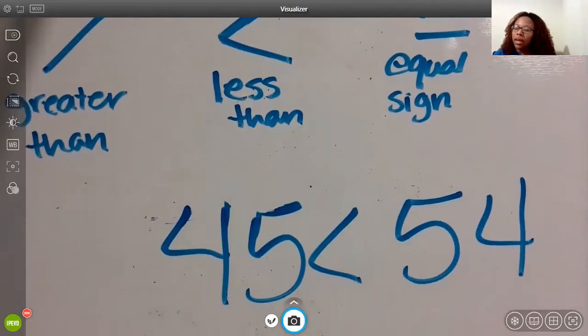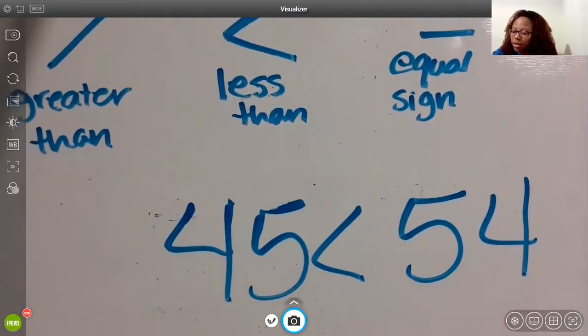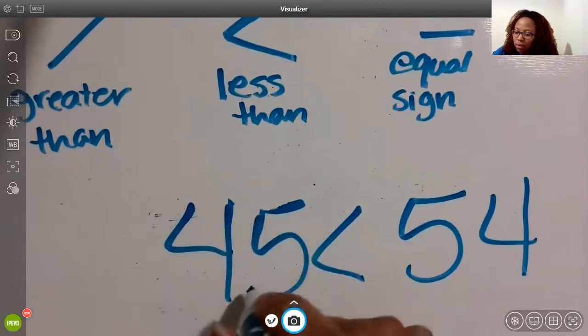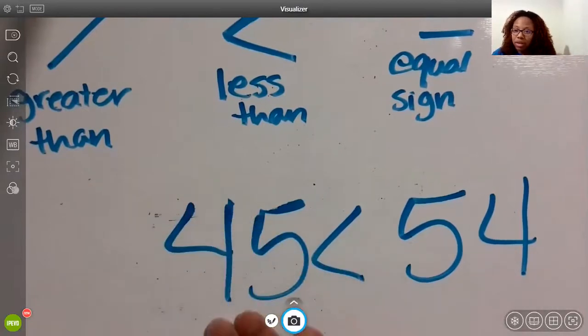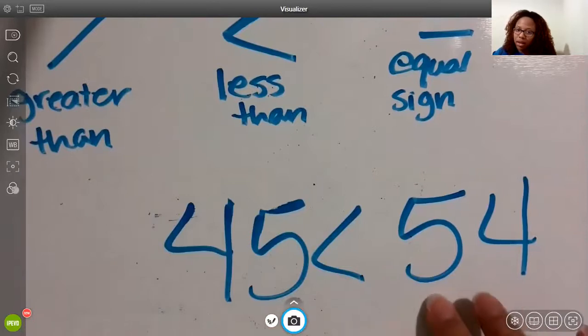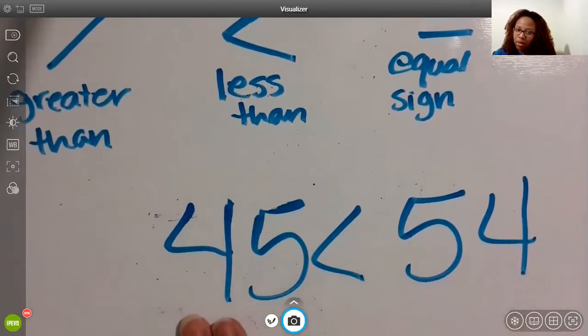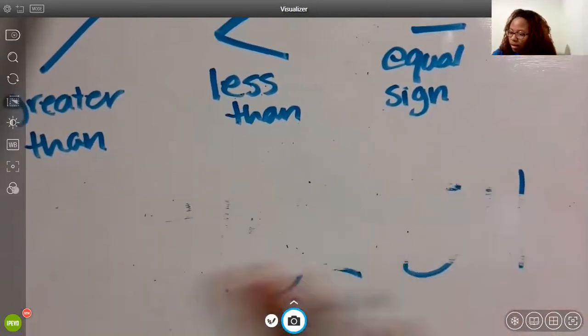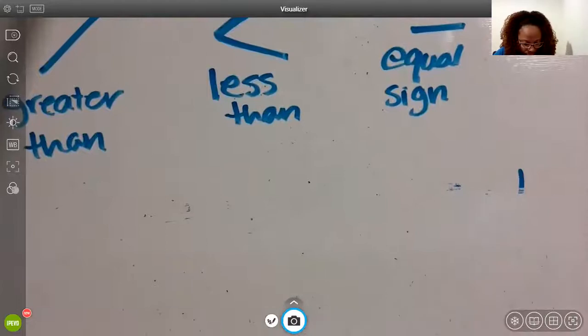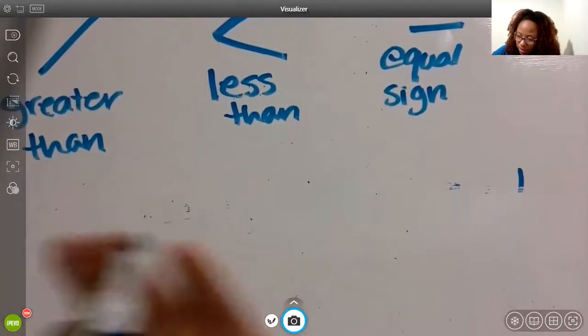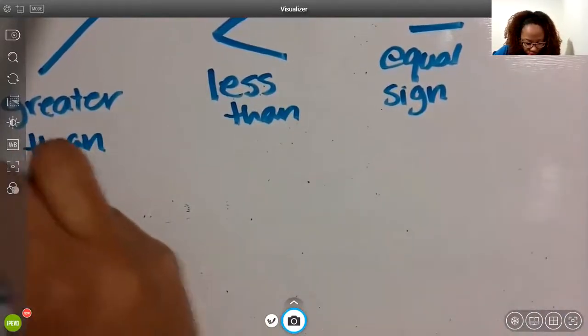This one is true because if you look at our tens place, we have 4 tens in 45 and 5 tens in 54. So that means this number is smaller than 54. Let's try another one. This one is going to look a little different. Don't let it trick you.